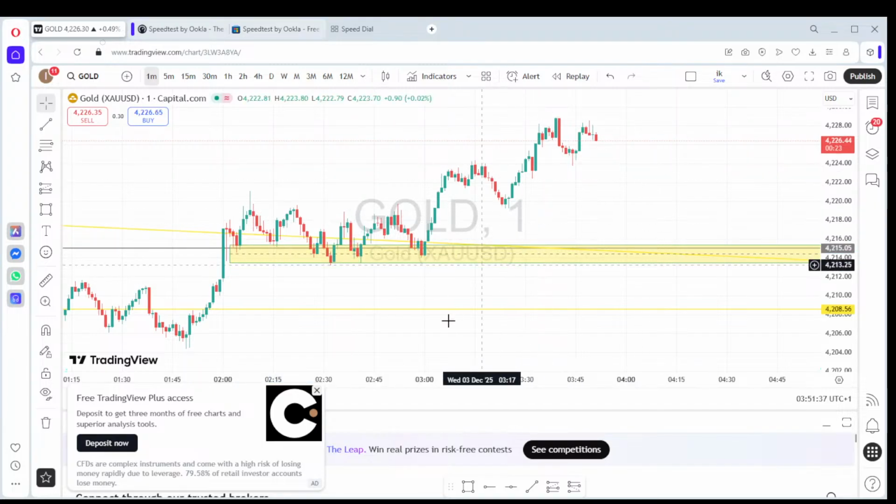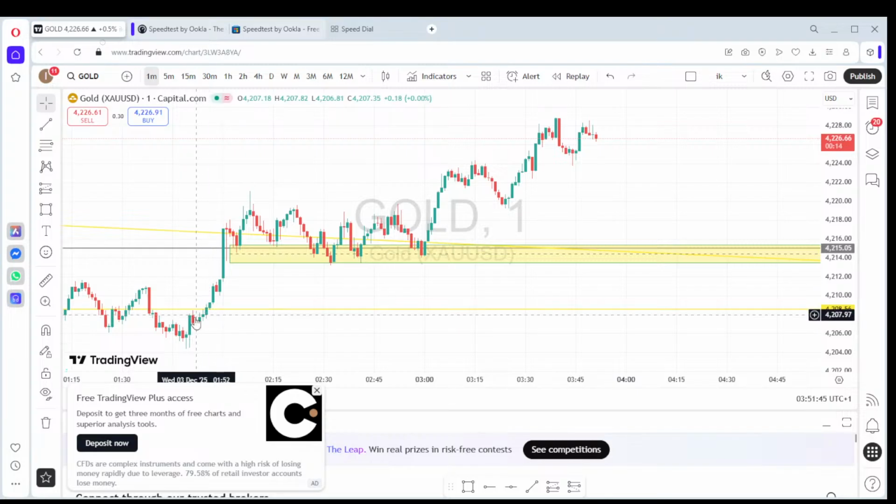A return to this point would be nice to see. We'll only take the trade there if we see a turning point. If not, we will prefer to take the trade around here.